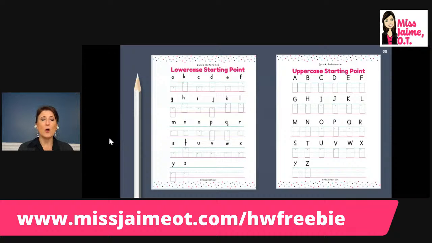If you have a child who's always starting their letters at the bottom, I like to have them actually go through their sheet and put a dot or a sticker or anything fun where the start spots are before we even get started. Every once in a while at the dollar store, they have these teeny itty bitty tiny stickers.